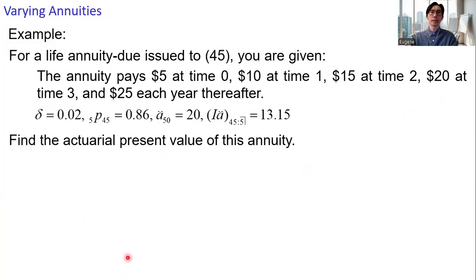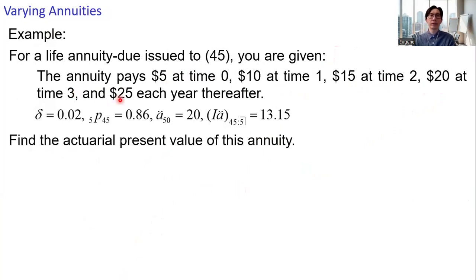All right, the next example. For a life annuity due issued to an individual at age 45, the annuity payment is $5 at time 0, $10 at time 1, 15 at time 2, 20 at time 3, and then afterwards, $25 per year.